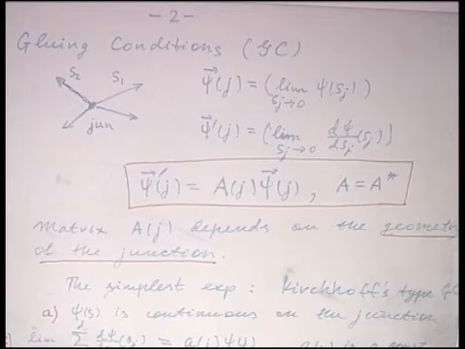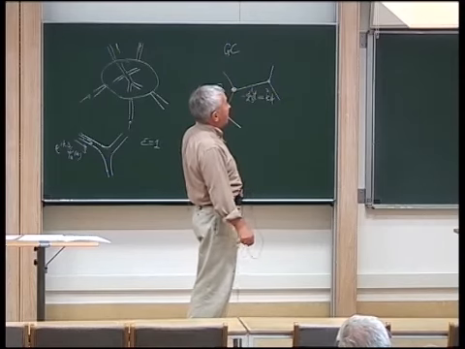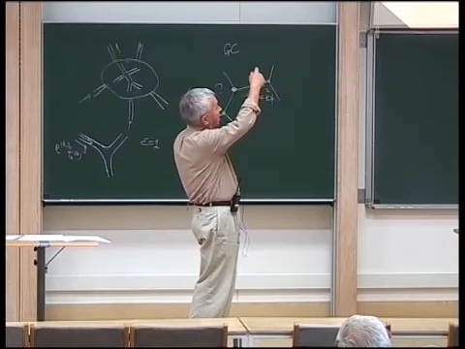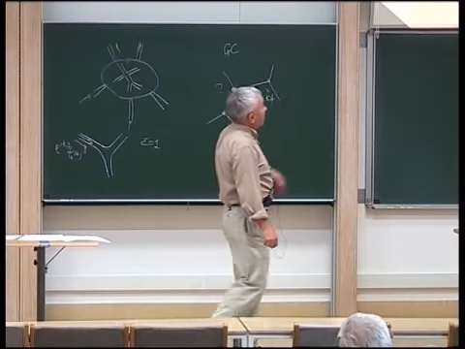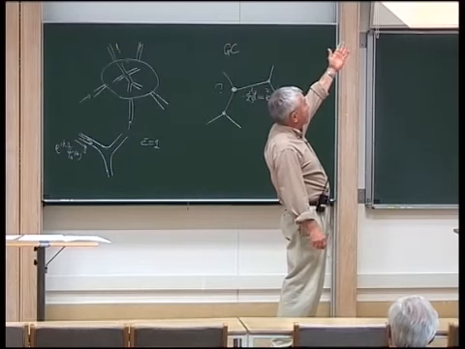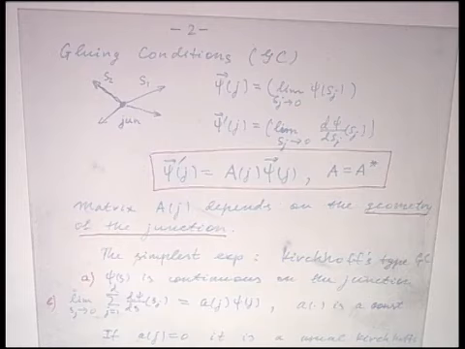We have several one-dimensional lines going out of this junction, and then we have some function psi of s. Along each channel, along each line, we have a parameter s_j. First of all, we can introduce the vector psi at the junction.